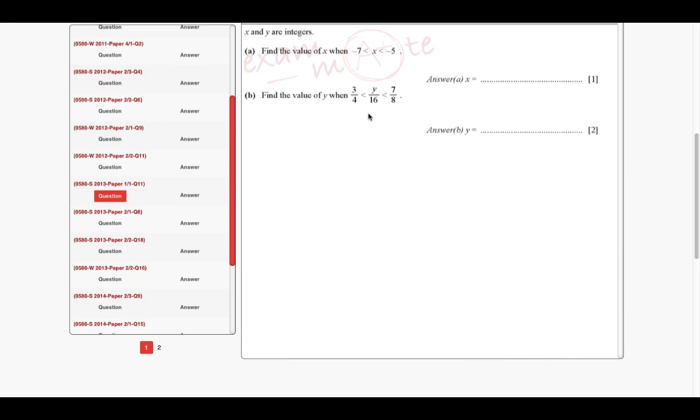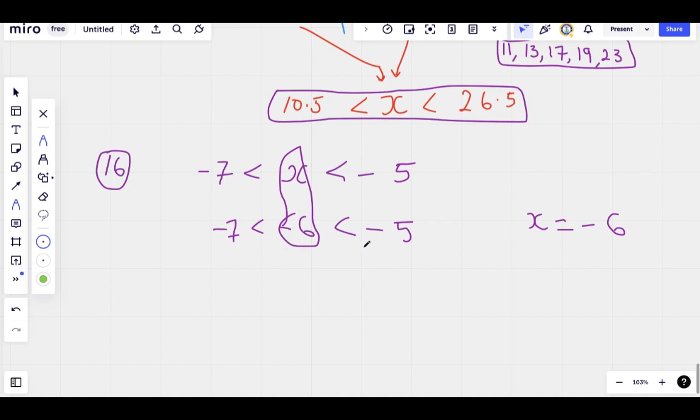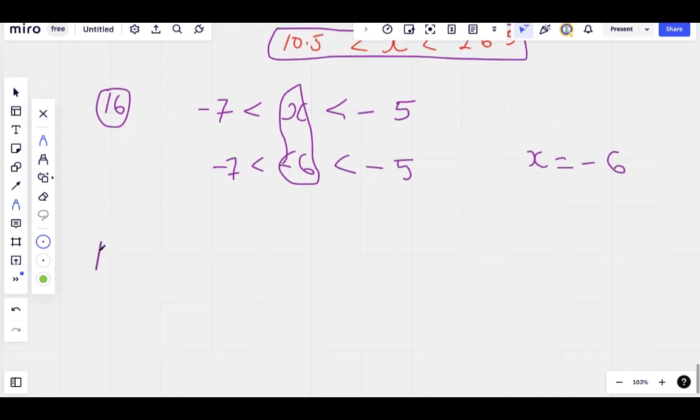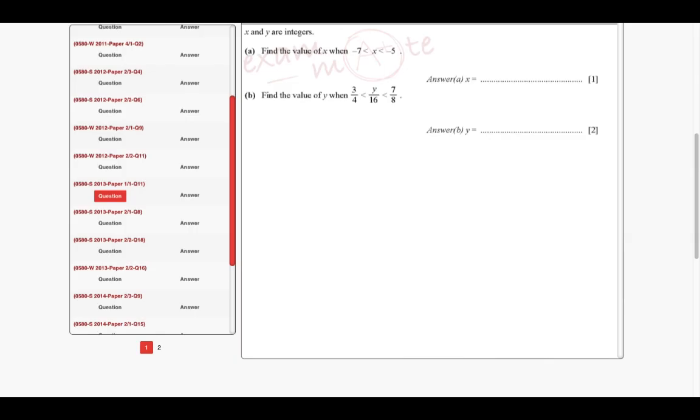Let's write the full question and then we solve. Three over 4 is less than y over 16 and is less than 7/8. Find the value of y.